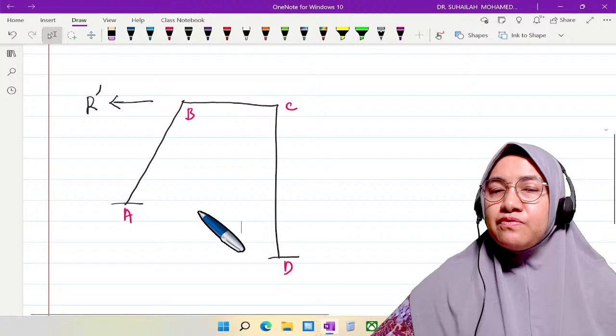We have to mark the delta which is perpendicular to the column. For AB, moving in the left direction, 90 degrees is this. This is the incline. And CD moving in the left direction is this.